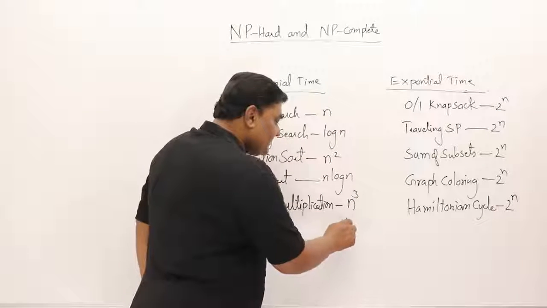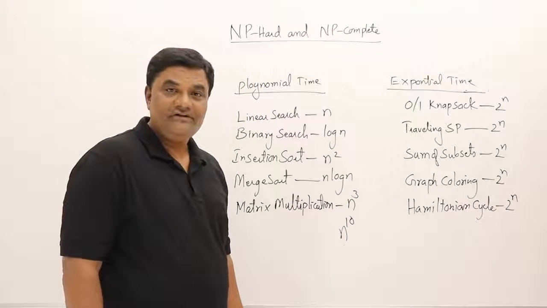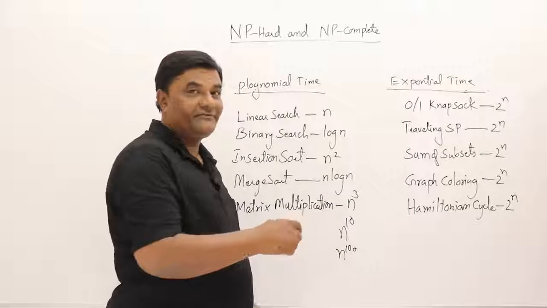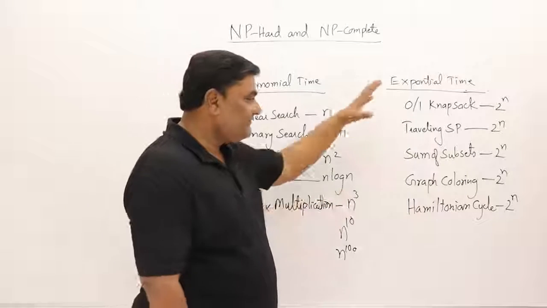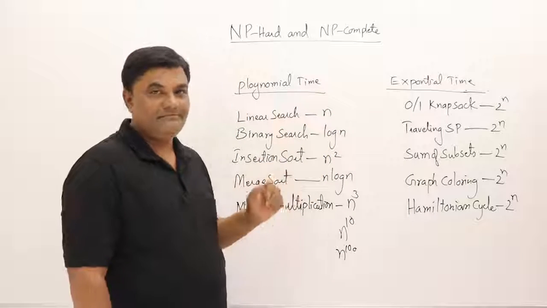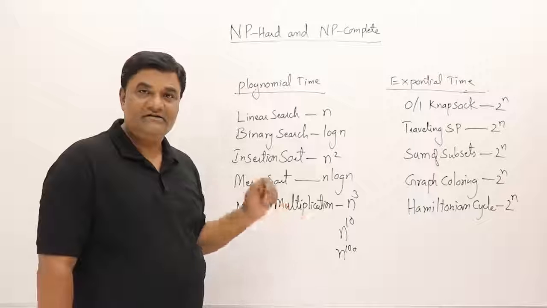Even n power 10 is smaller than 2 power n for some large values of n. Even n power 100 is also smaller than 2 power n for some very large values of n. So these are very time consuming algorithms, and we want polynomial time algorithms for them.